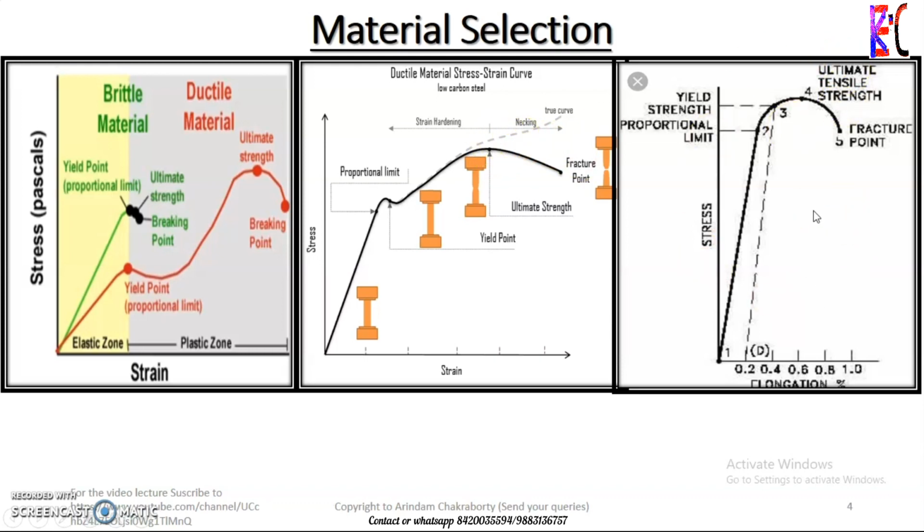So what do I mean by this? The graph is the same till the elastic zone. That means both go through an elastic zone, but in brittle material we can observe that it breaks after a certain elastic zone. So even mathematically or theoretically I could say that brittle material also has a proportional limit.